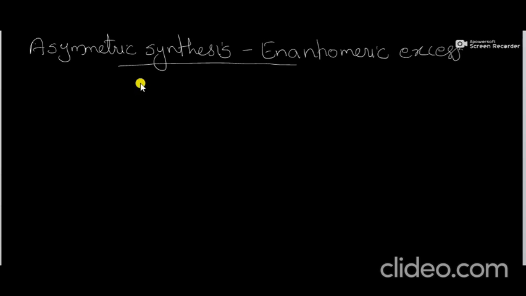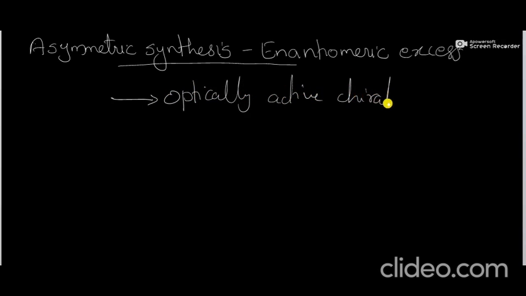A synthetic process in which an optically active chiral compound is formed from an optically inactive compound, that is, from an achiral compound, without the necessity of resolution, is called enantioselective synthesis or asymmetric synthesis.